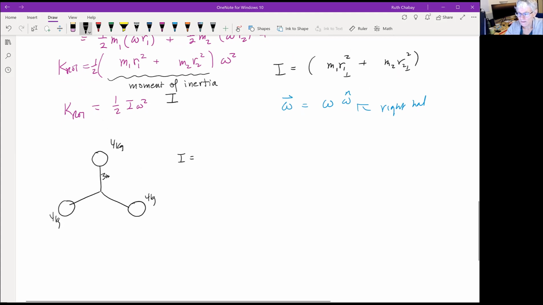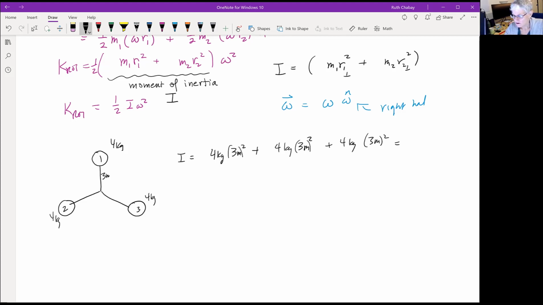It's going to be 4 kilograms times 3 meters squared for object 1, another 4 kilograms times 3 meters squared for object 2, and another for object 3.